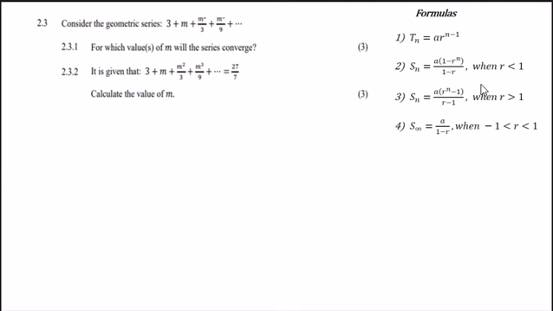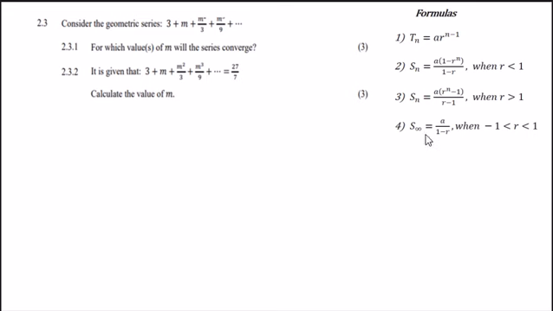But do note that your r should not be equal to 1. If r is equal to 1, it will make the whole expression undefined because the denominator will be equal to 0, and any number divided by 0 is undefined.